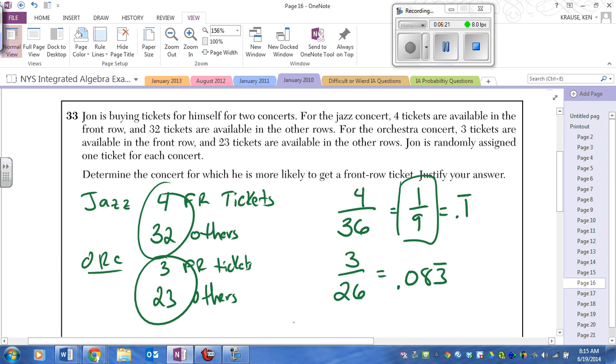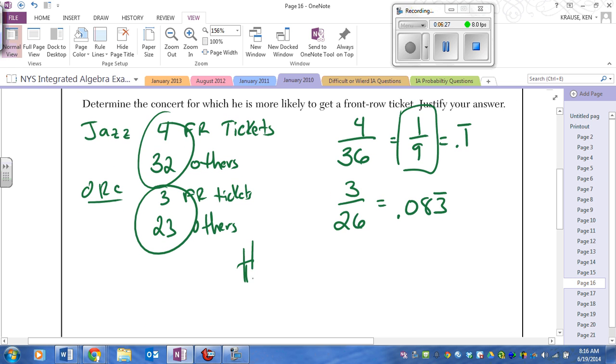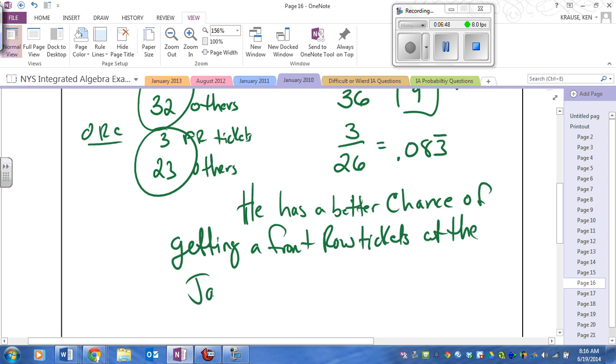The Jahi has a better chance of getting a front row ticket at the jazz concert.